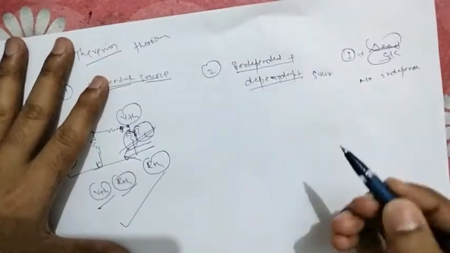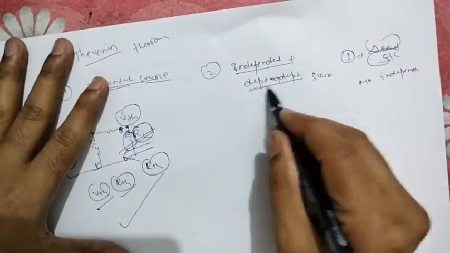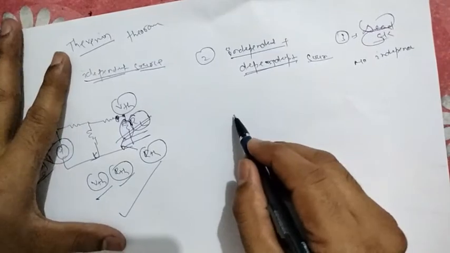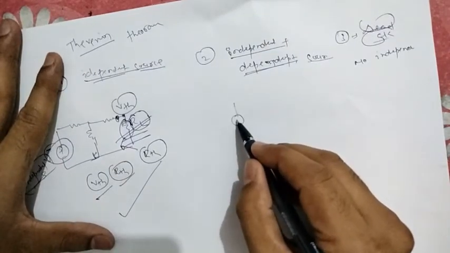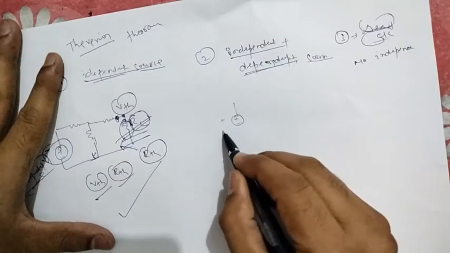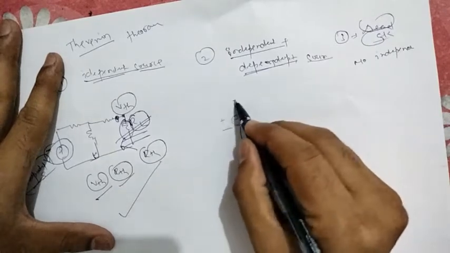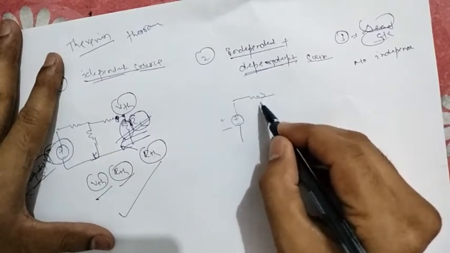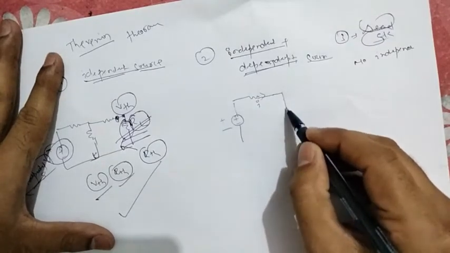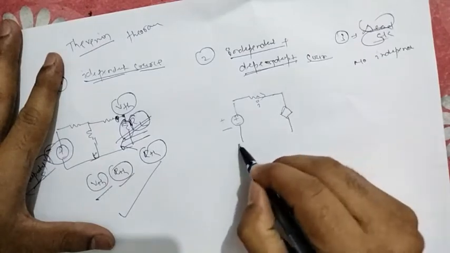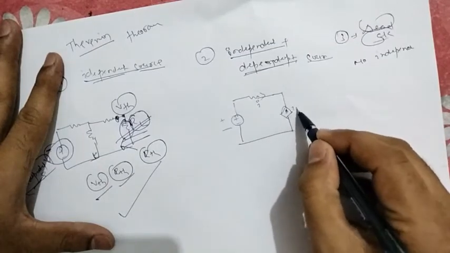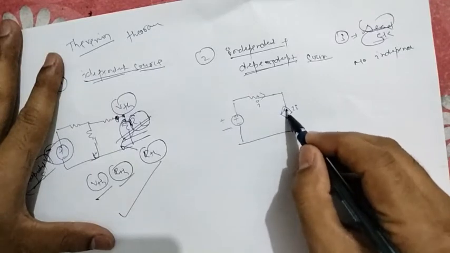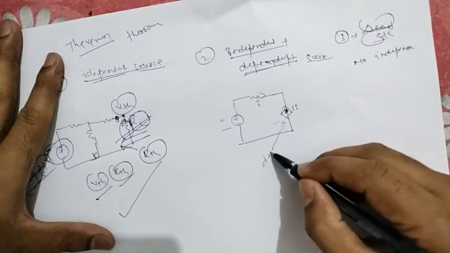And the second type of problem includes the independent and dependent source. What is independent source? The independent source is this only. Suppose we have connected V, and suppose I is the current over here, and this is your dependent source.